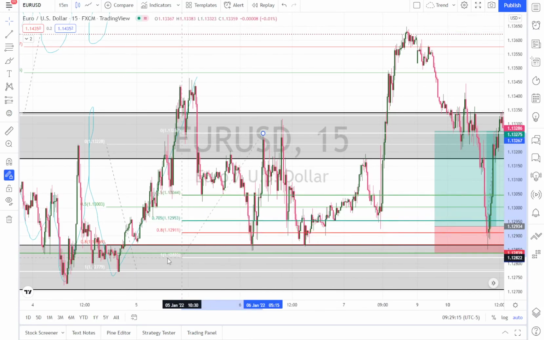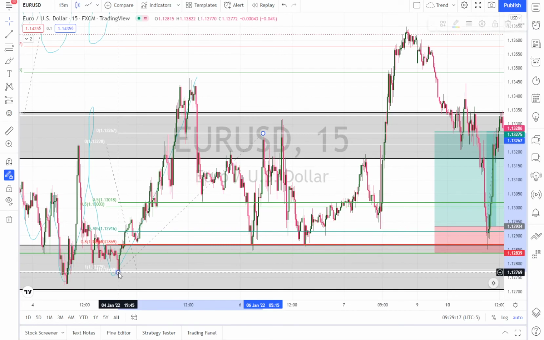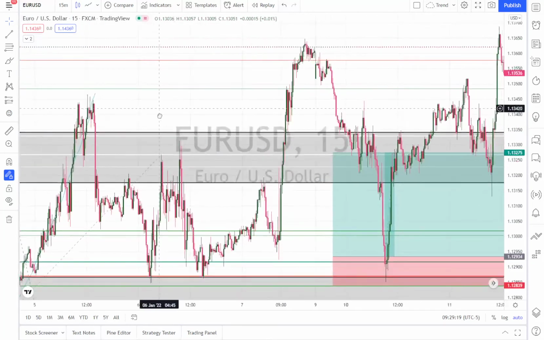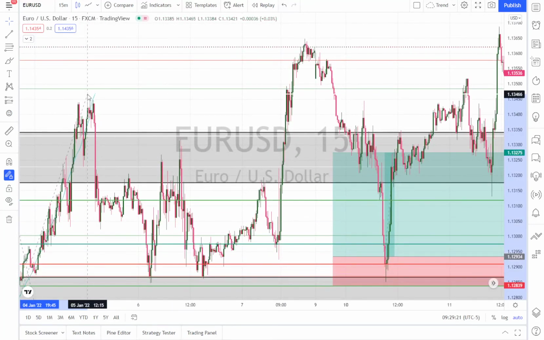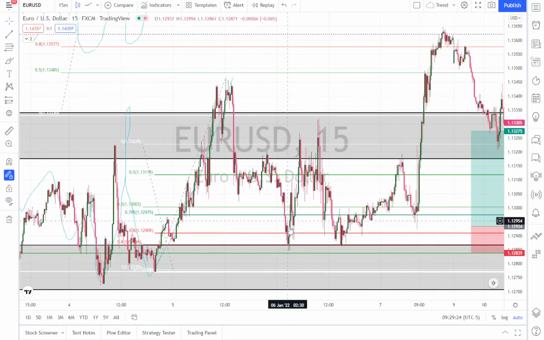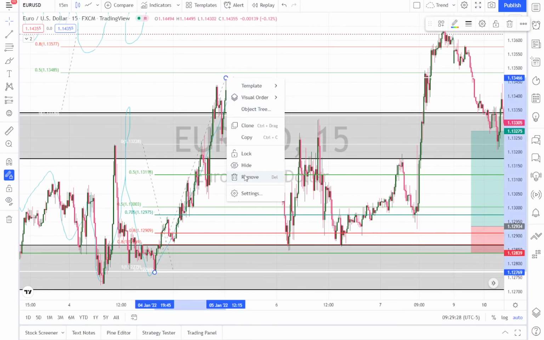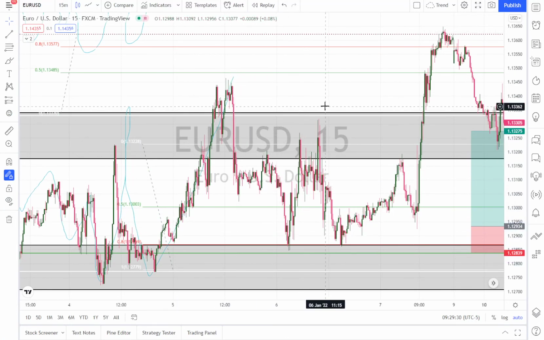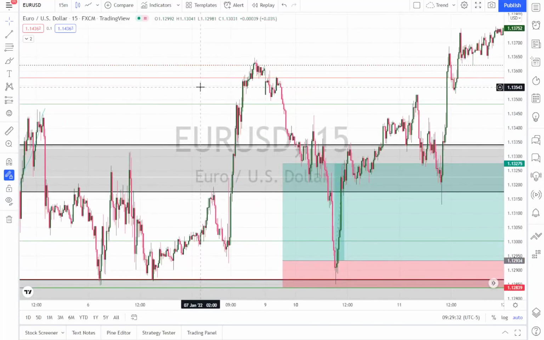So this system, I mean, it's pretty simple. Even if we go back to this setup right here, if you took this longer setup, look, it came down, came up, hit take profit. This just depends on what you're looking at, the macro or micro structure. And this works on everything.